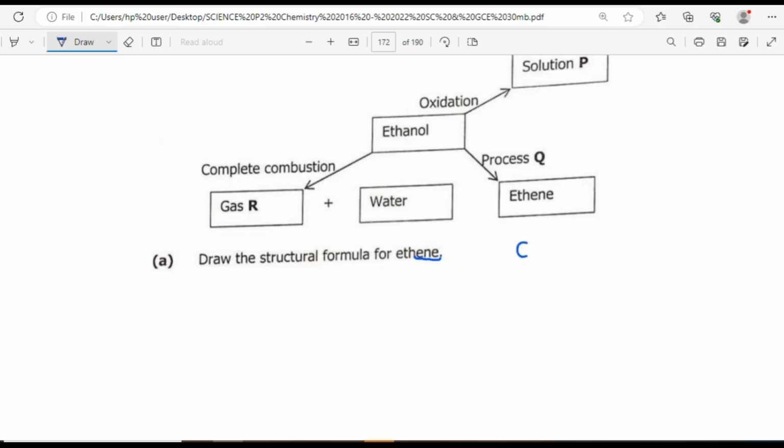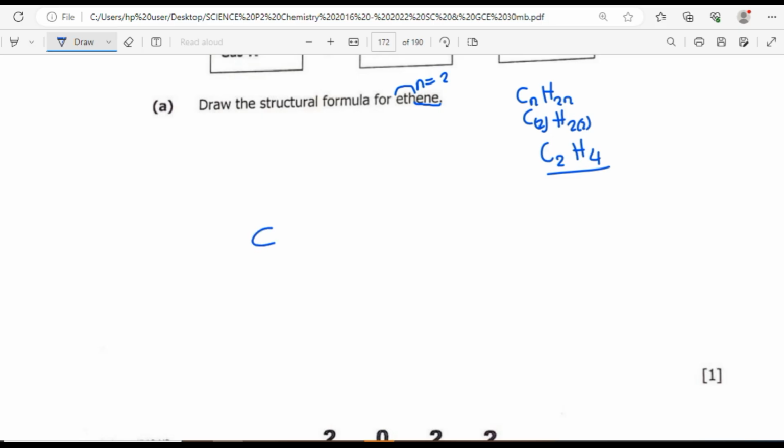Alkenes obey this general formula. And eth means n is equal to 2. So let's first make the molecular formula. It's important you do that. So C times 2 is C2, 2 times 2, 4. So we have 1, 2. Remember to put a double bond.